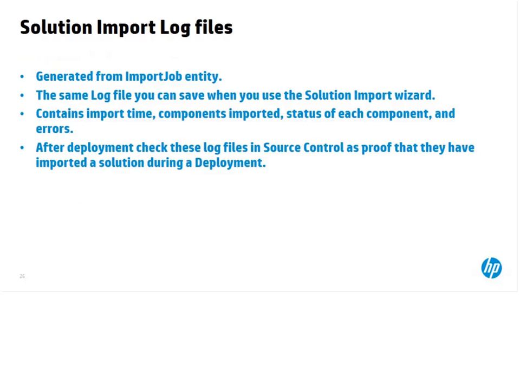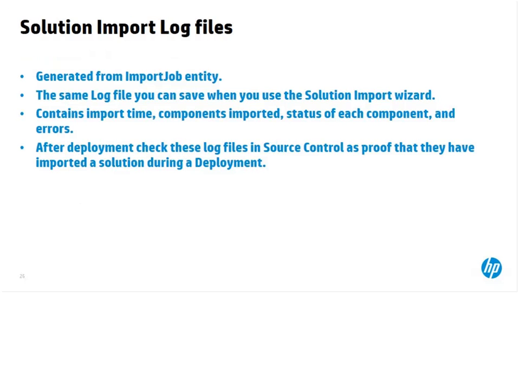Now, if you are scripting the solution import process, one important capability you lose is the clear visibility of when a solution import fails and why. And that is one reason that prevents a lot of implementers from implementing automated process for deployment.